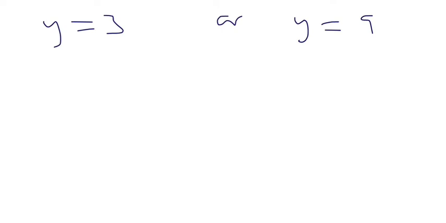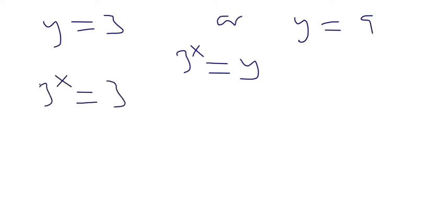But remember the relationship. The relationship is such that 3 to the power x is equal to y. So this implies that 3 to the power x is equal to 3. Then also 3 to the power x equals 9 because of this relationship. Okay.